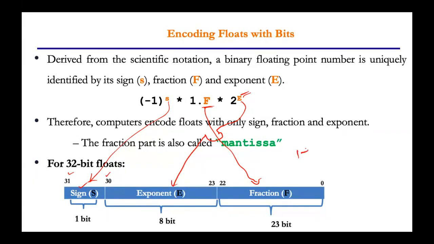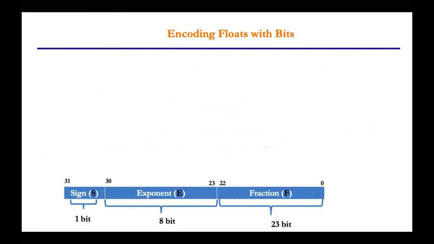So 1 plus 8 plus 23 is equal to 32 bits. So this is the single precision IEEE 754 format of representing a floating point.